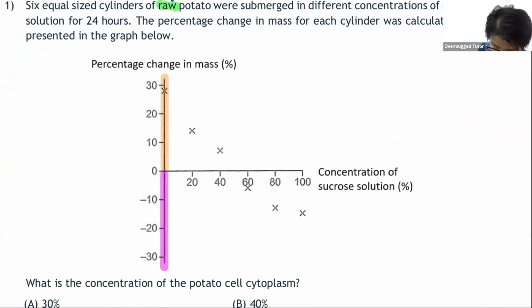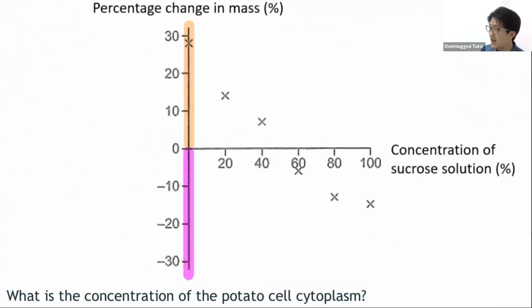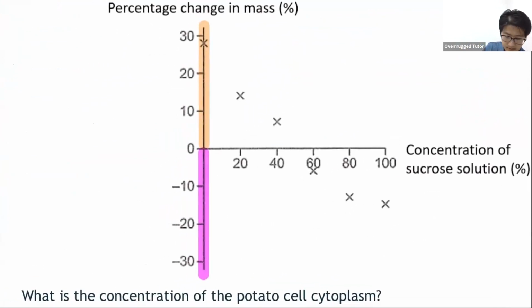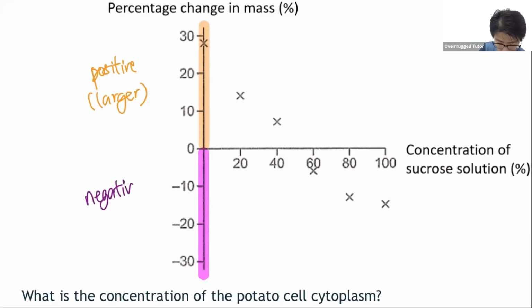Chanel, positive change in mass means that the potato got larger or smaller? Very good. Positive means larger, and conversely, negative means smaller. The potato cells got larger and smaller respectively.